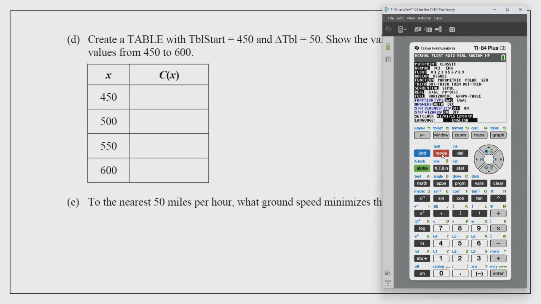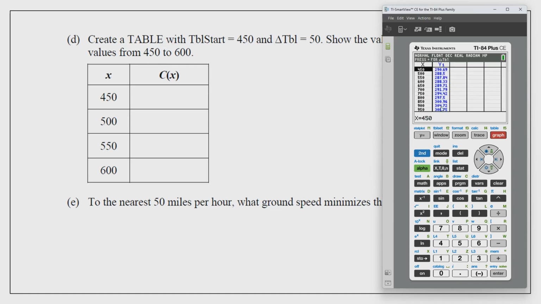So I'm going to go to mode here, and I need my answers all the way down here to be put to decimals. I can always convert the decimal back to fraction if I like. So I'm going to move this all the way down here, and I'm going to set this to decimal and just enter. Okay, so that's set. And I'm now going to go to second table so that I can get my decimal values. Awesome. So on my notes, I'm going to write in the values for 450, 500, 550, and 600.